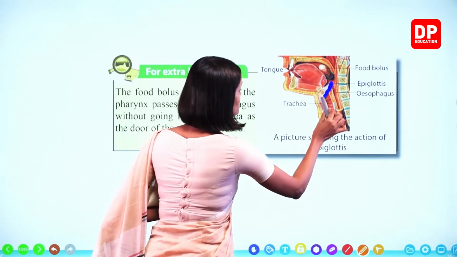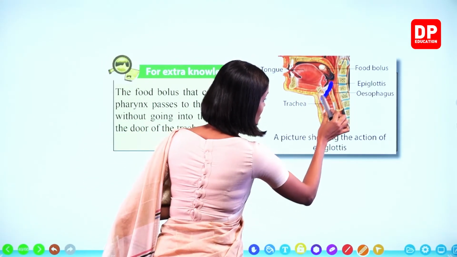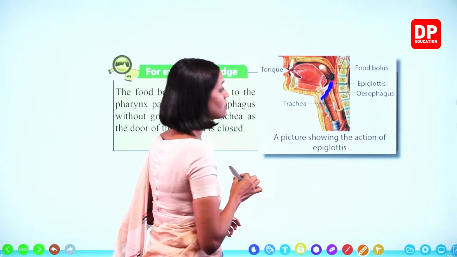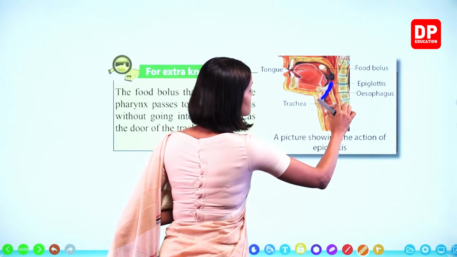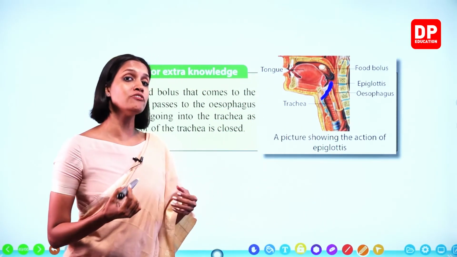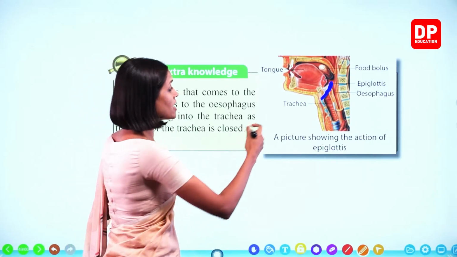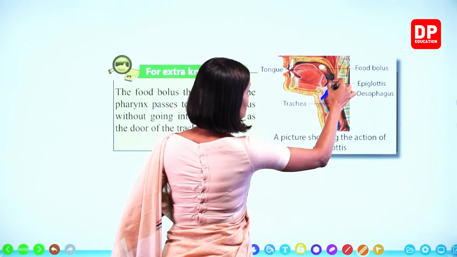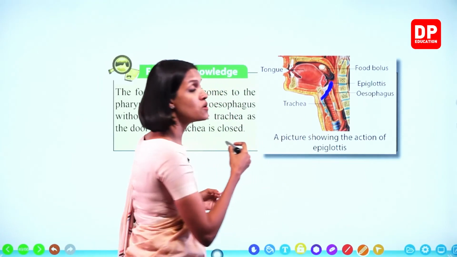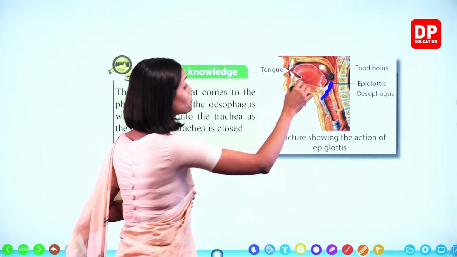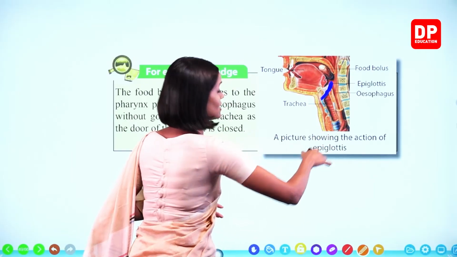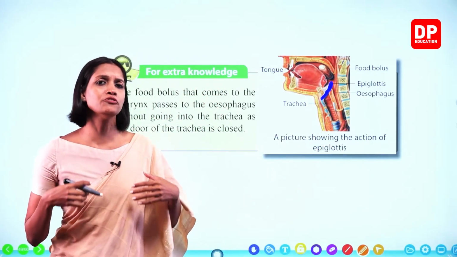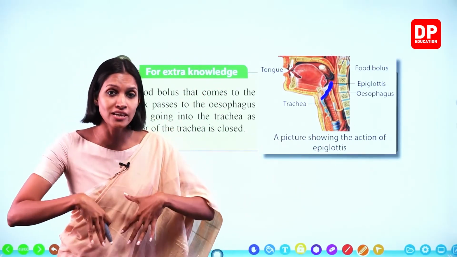Because these two tubular parts are present very close to each other, if you cannot close this trachea, what will happen when you swallow food? If there's no protective door here, what will happen? When you eat food, the food might enter the trachea. What will happen if the food enters your trachea?